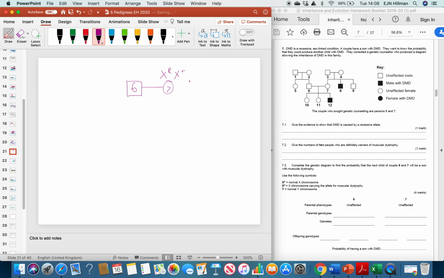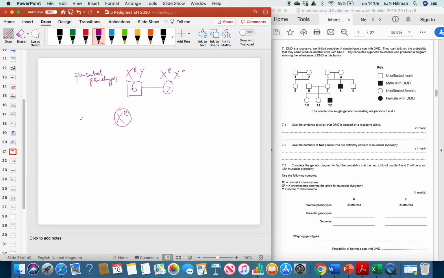Number 6 doesn't have the condition, so we know he must have the dominant allele. What is the probability that their next child will be a son? So, the parental genotypes, 6 and 7, and the gametes they can produce.